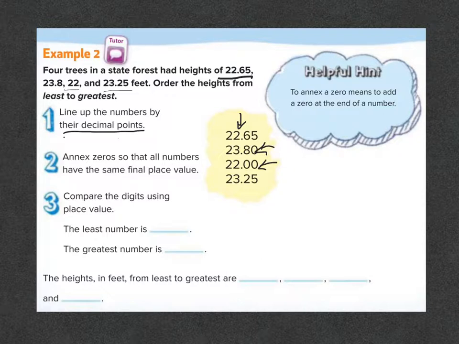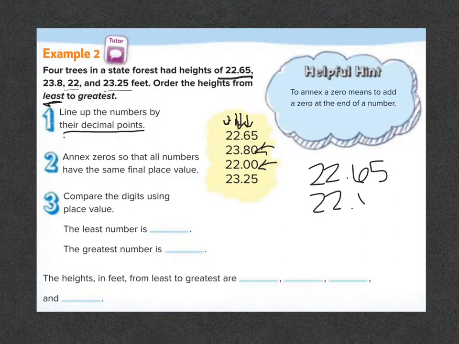Then we're going to start on the left, and we're going to compare the 2's. They're all 2's. Then we're going to go to the next one. We're going to compare the 2, 3, 2, 3. Okay. Then I have to go to the tenths place. I have 6, 8, 0, 2. So I'm looking for the smallest. So I'm going to look at my 22 and 65/100ths and my 22 and 0/100ths.